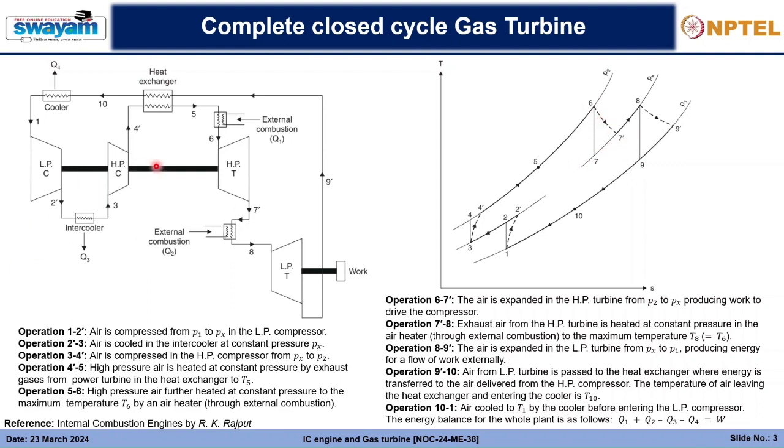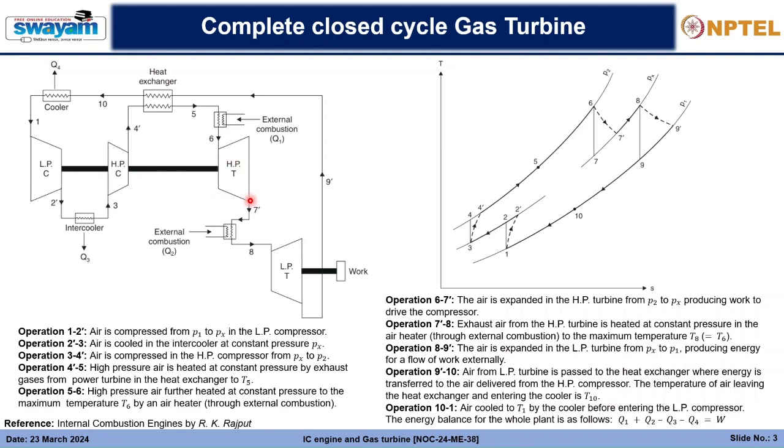Then this high pressure turbine is connected to the low pressure compressor and the high pressure compressor through the same shaft. So the high pressure turbine is responsible for supplying the work to these compressors, and hence it is completely engaged in that, and there is no work output derived from this high pressure turbine that is useful for driving other applications or producing electricity.